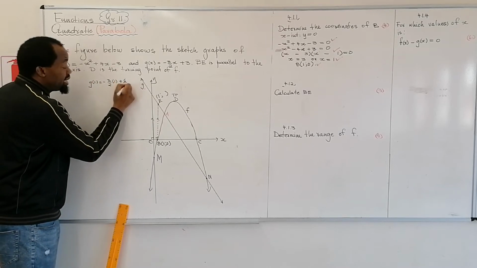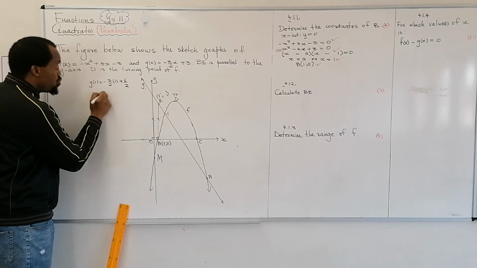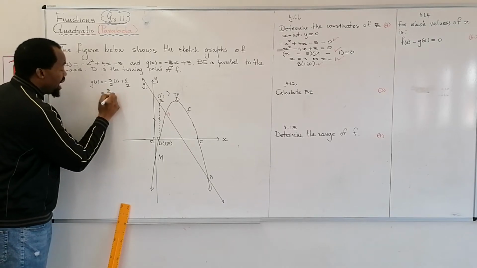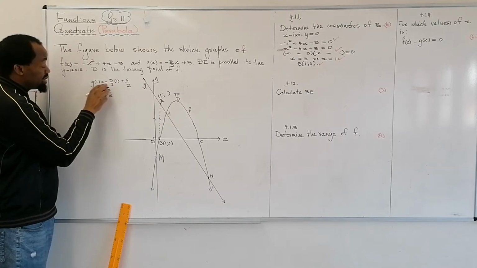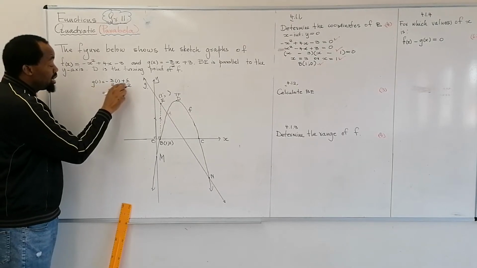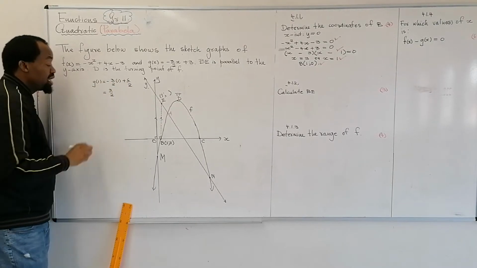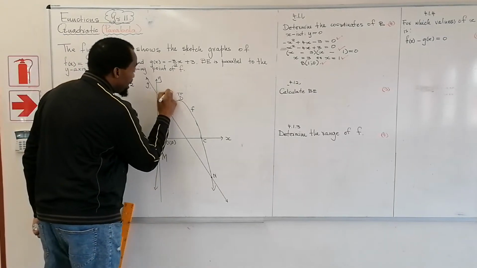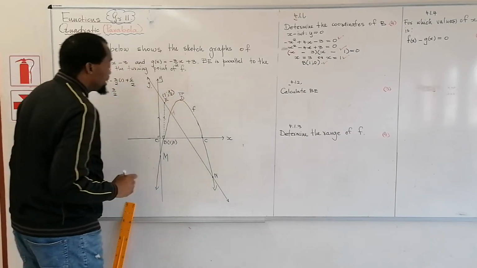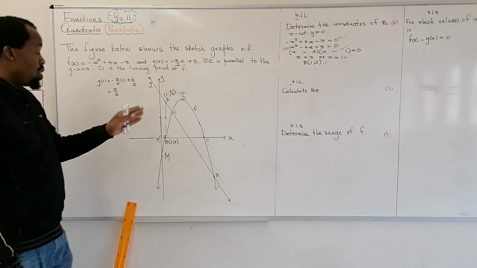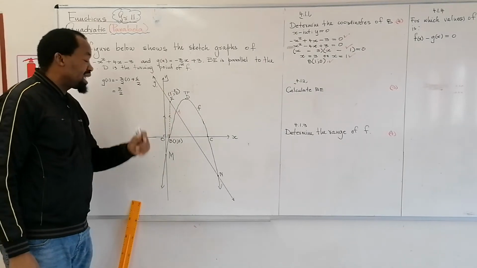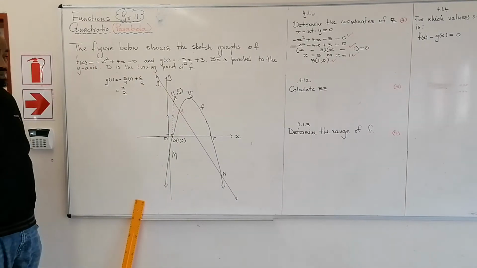It will be 6 divided by 2, which is equal to 3 halves, because this is -3 halves plus 6 halves, it will be 3 halves. Now I know that here the value of y is 3 halves. Now, what can I do with this? I can use the distance formula.